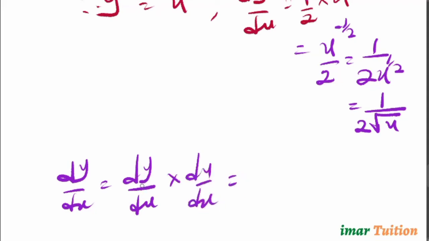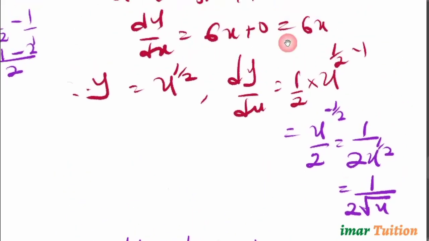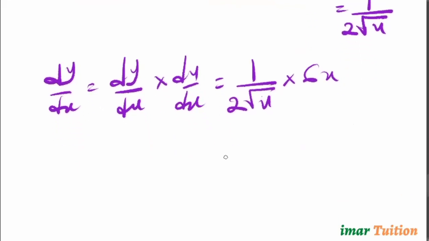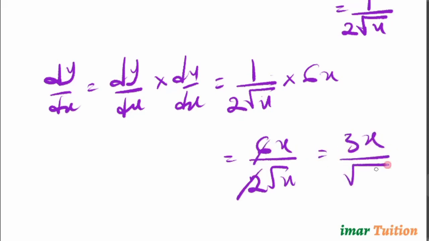What is dy/du? dy/du is 1 over 2 square root of u, times, what is du/dx? du/dx is 6x here. 1 times 6x will give you 6x all over 2 root u. 2 here, 6, 3 will give you 3. That will give you 3x all over the square root of u.